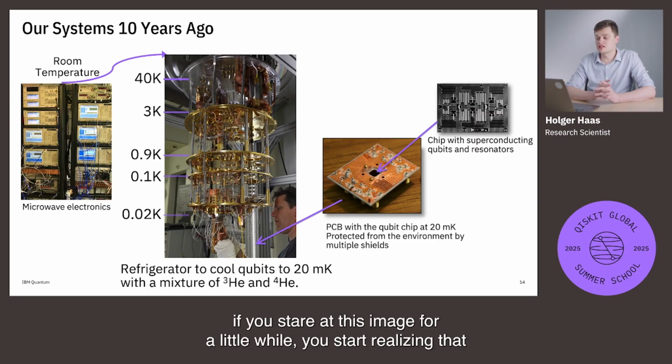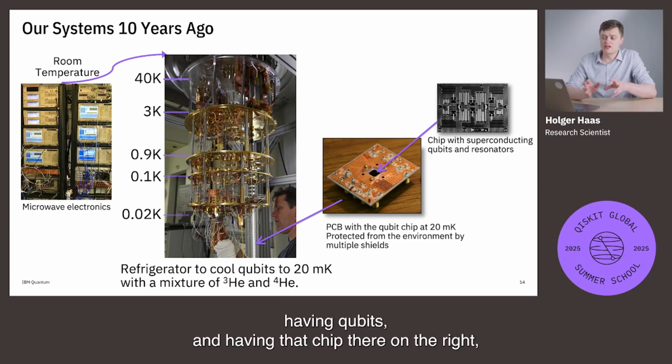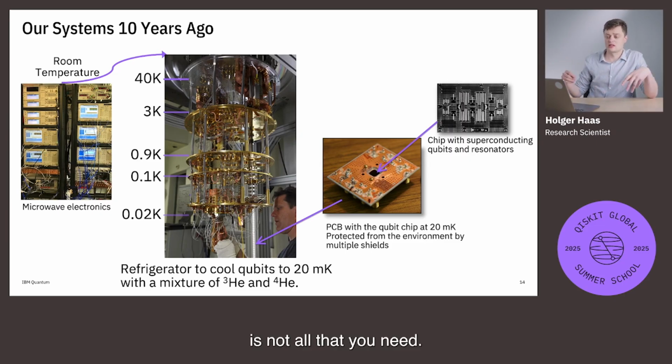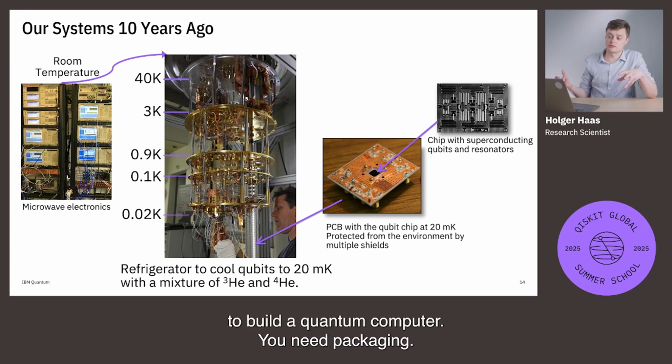Now, if you stare at this image for a little while, you start realizing that having qubits and having that chip there on the right is not all that you need. You need more than that to build a quantum computer.